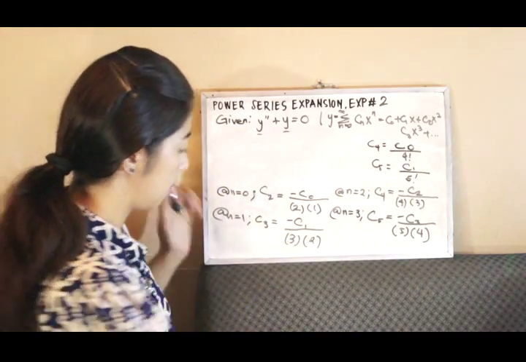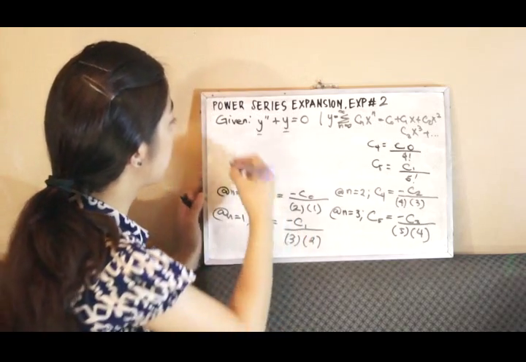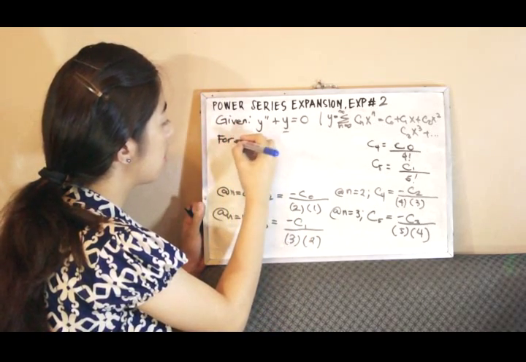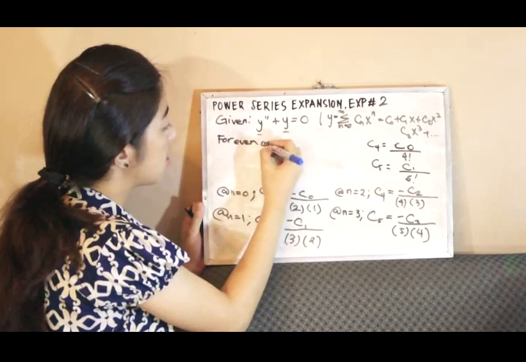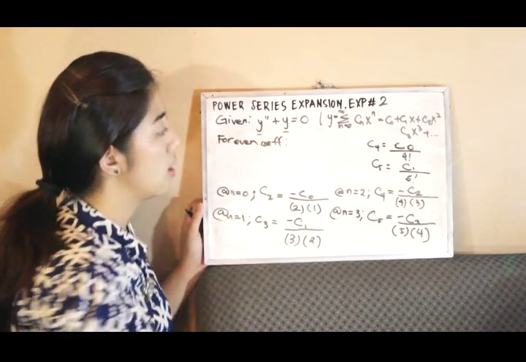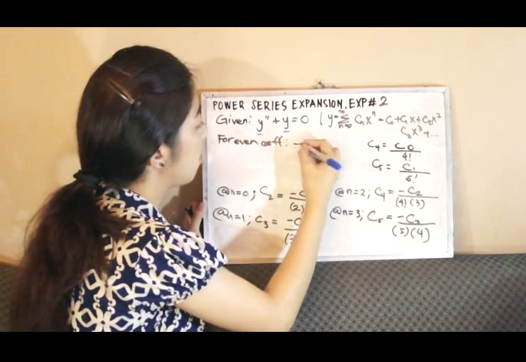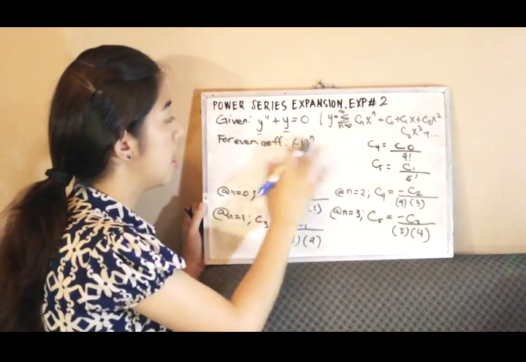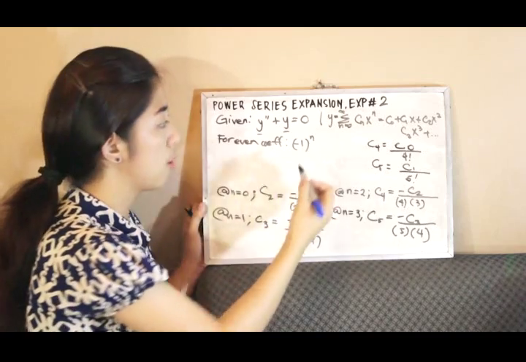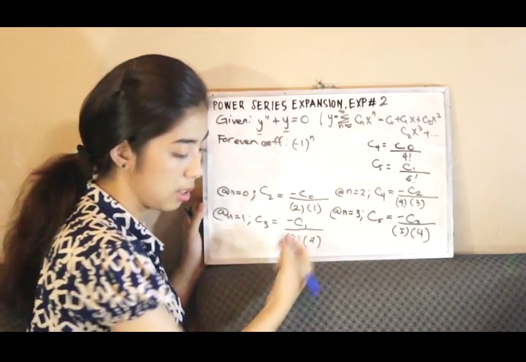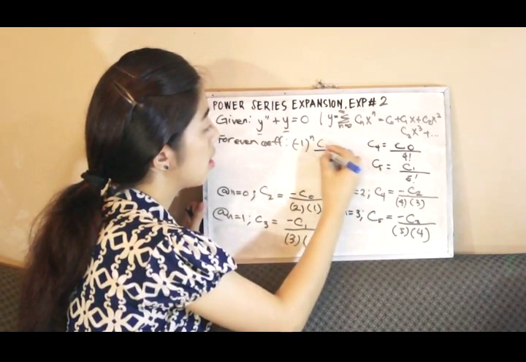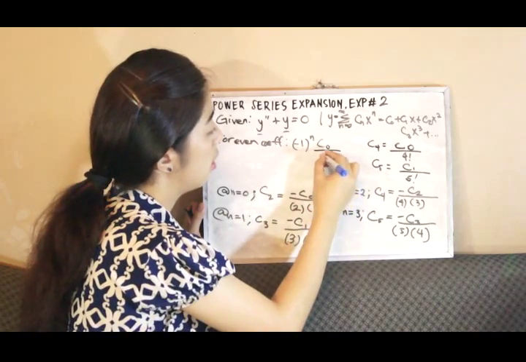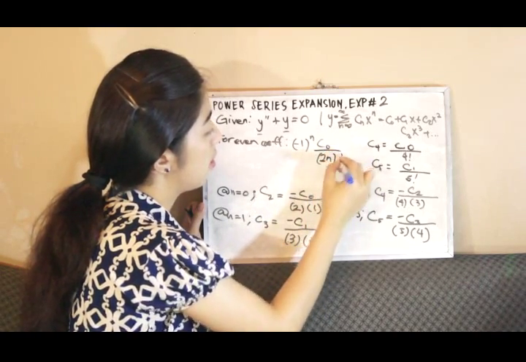And then for the even coefficients, by analysis, we have negative 1 raised to n. So for even, we start at 2, so it will make the negative 1 positive: c sub 0 over 2n factorial.